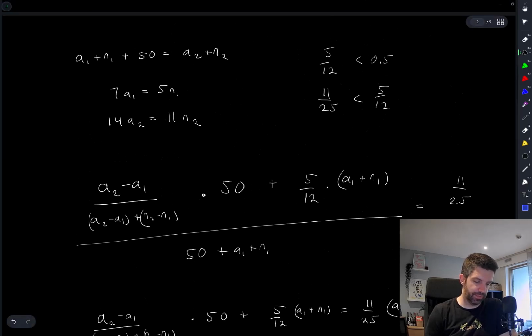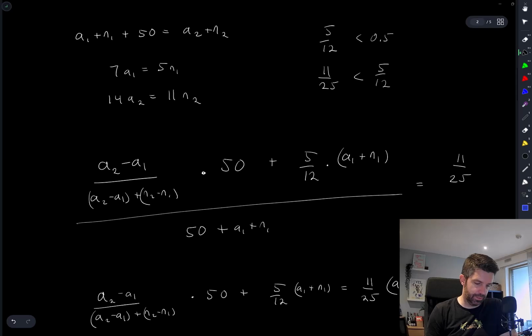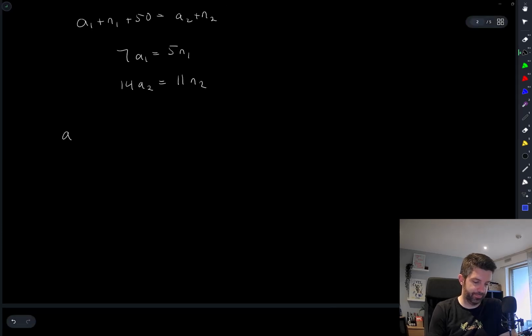Let me write the equations again. I have 7A1 is equal to 5N1. 14A2 is equal to 11N2. So we're going to try A2 is equal to 11.